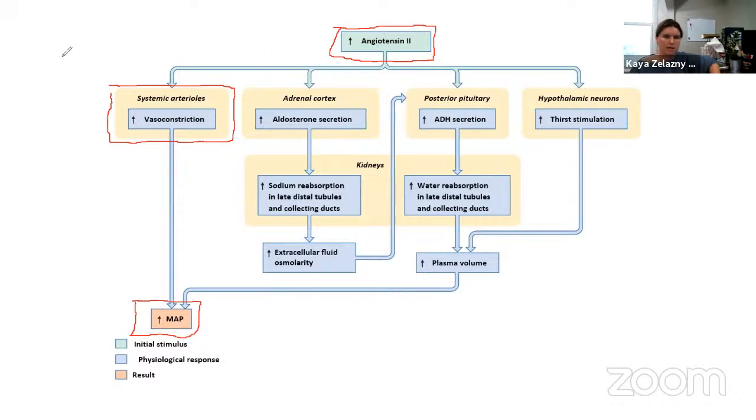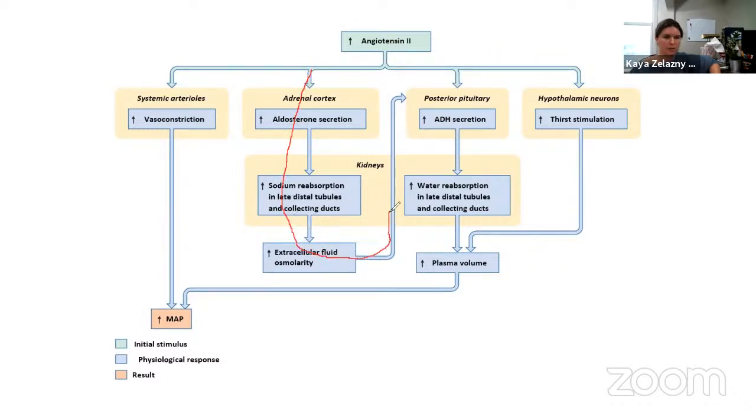Now, the more complex pathway that we're going to be thinking about with this system is, note how we have this kind of loop going on here. Ultimately, this system is supposed to be reacting to drops in blood pressure, drops in blood flow.